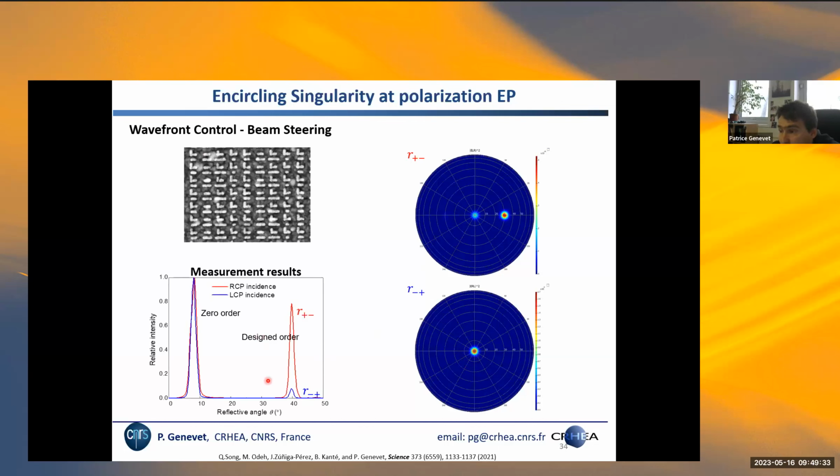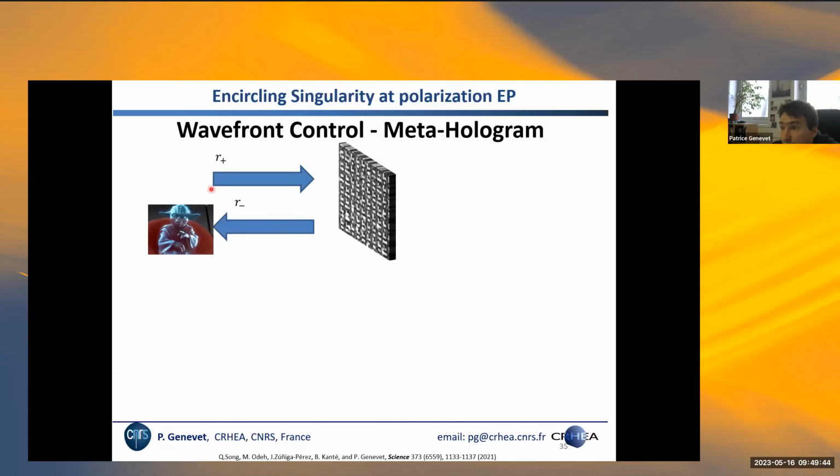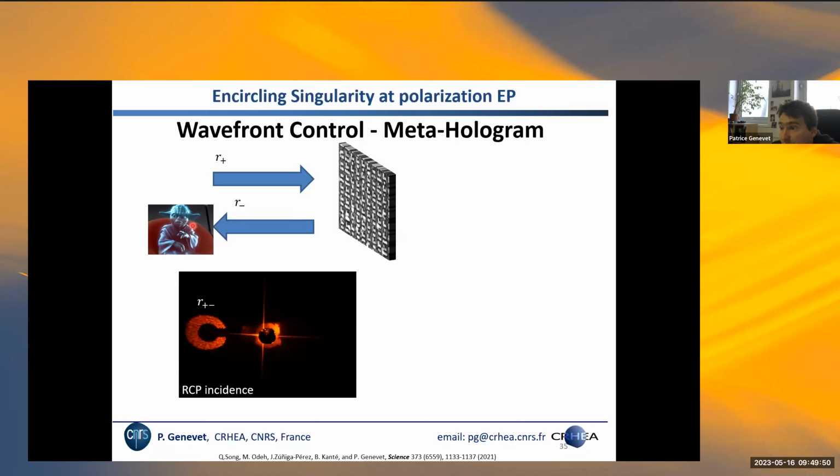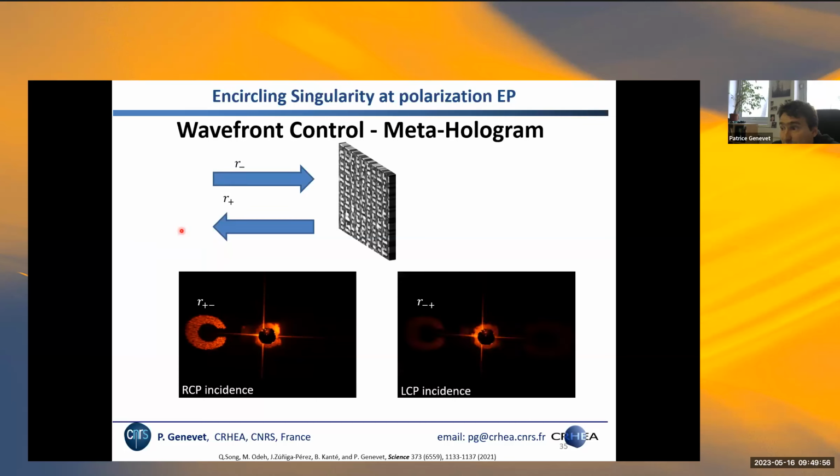We made the experiment and observed this with a very strong asymmetry between the plus to minus and the minus to plus conversion channels. You can use it for wavefront engineering. For example, if you send plus on a metasurface designed to produce a hologram, you see the holographic image. But if you reverse the polarization and the conversion, you essentially see nothing because it's not supposed to work for it.